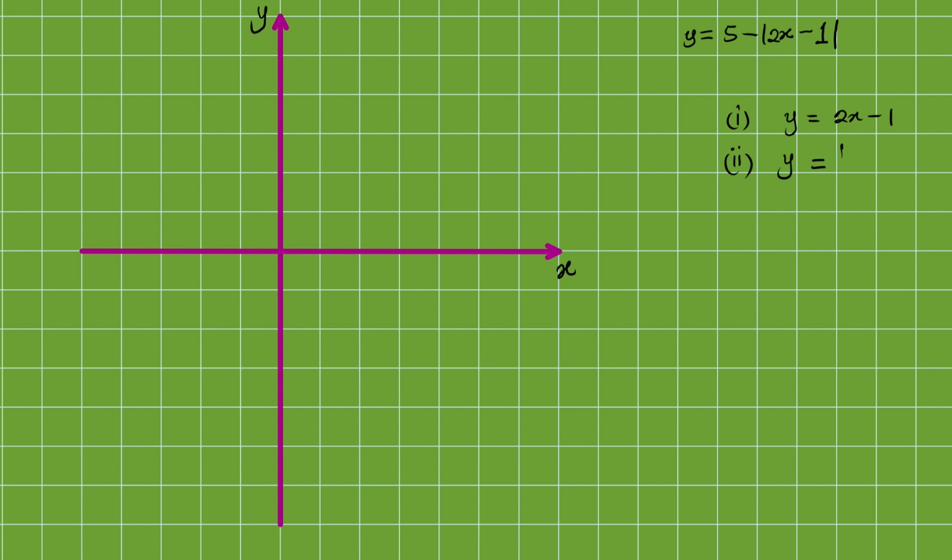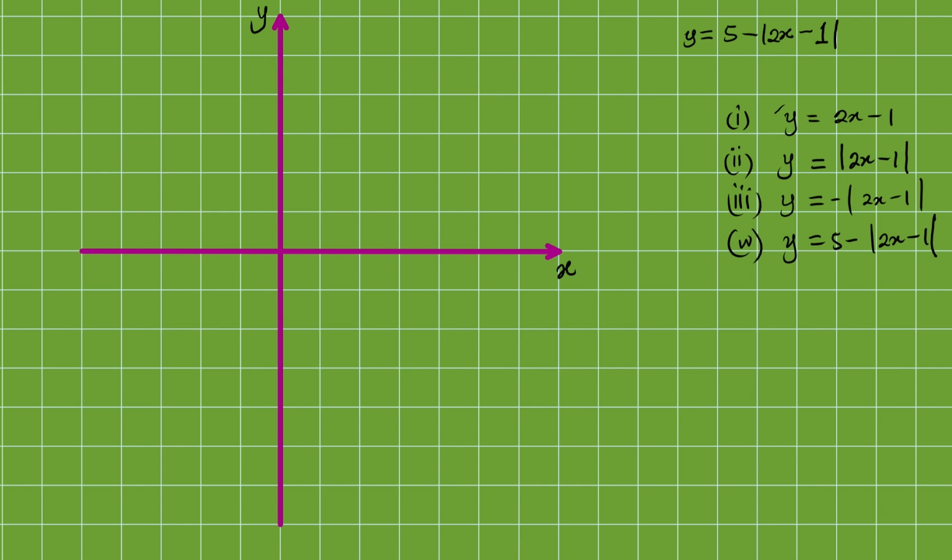So we sketch y equals the modulus of 2x minus 1. And then we flip it with the negative. So the third one will be to sketch y equals minus the modulus of 2x minus 1. And then the last one we add 5 so that we have y equals 5 minus the modulus of 2x minus 1.